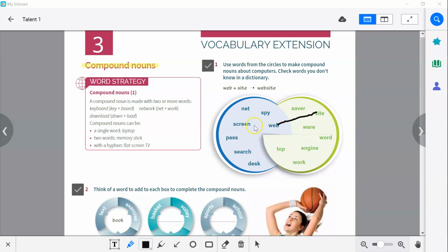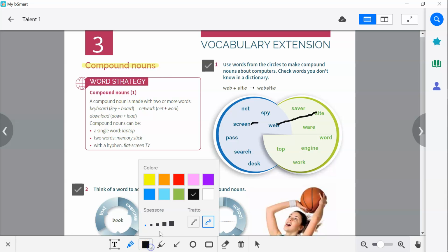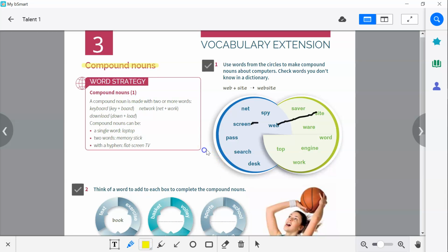Then we have the screen saver. Let's use a different color. The screen saver is screen schermo, saver salva, salva schermo.